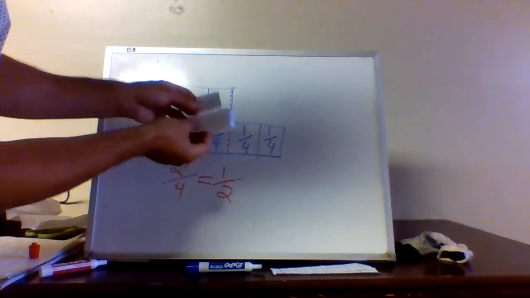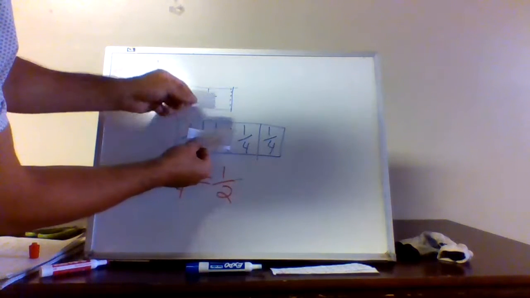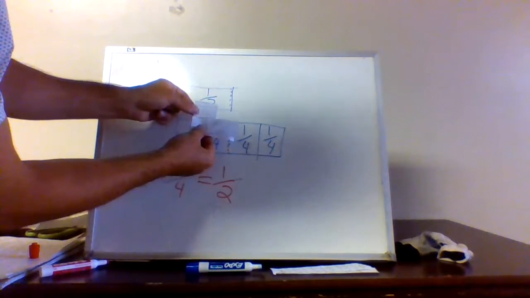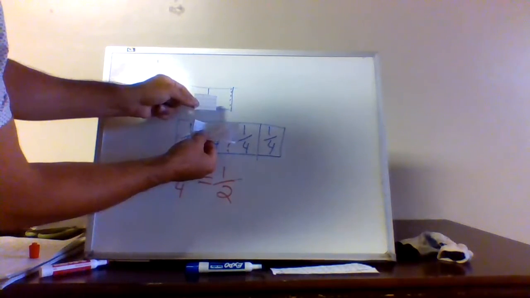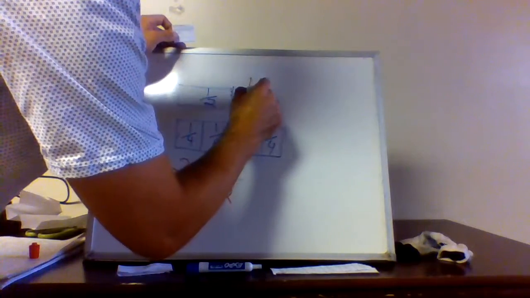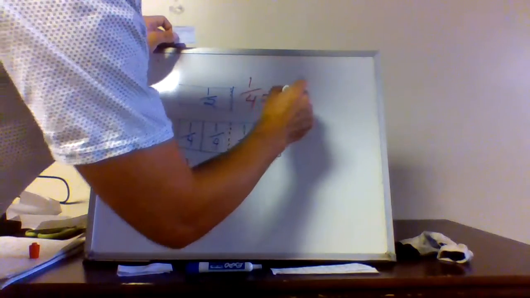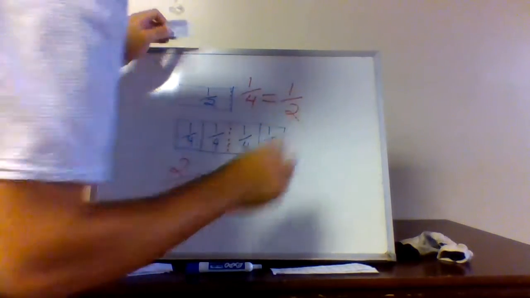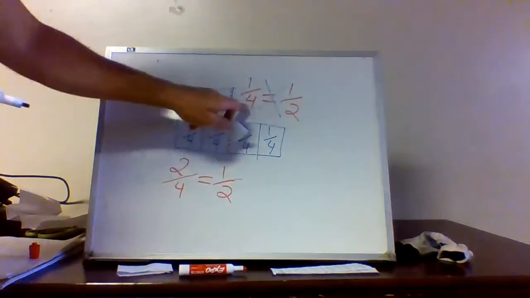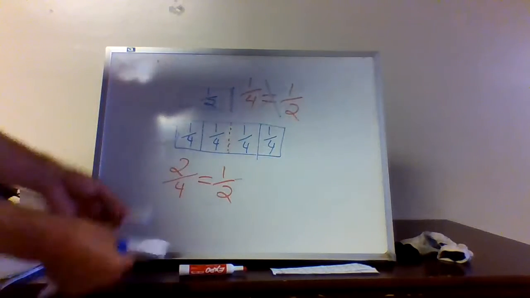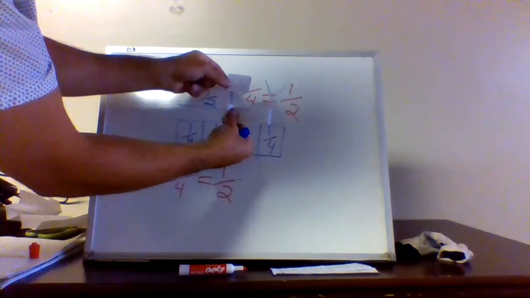So we can clearly see that 1 unit of the 4 is not equal to the 1/2. So we can then say that 1/4 and 1/2 are not equivalent fractions, because we can see that they are not the same amount.